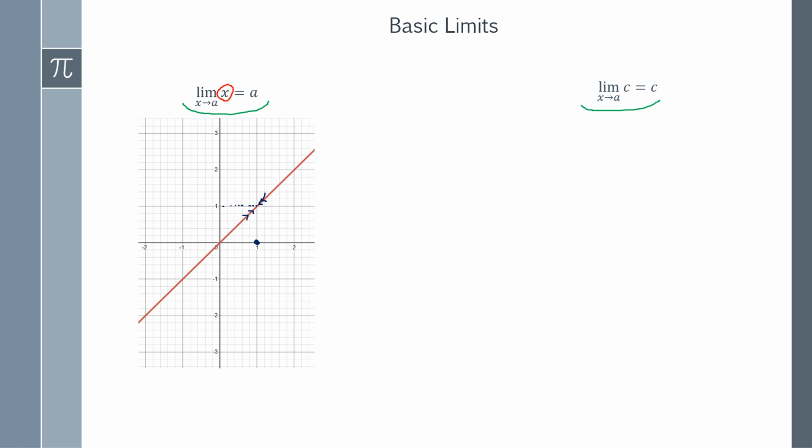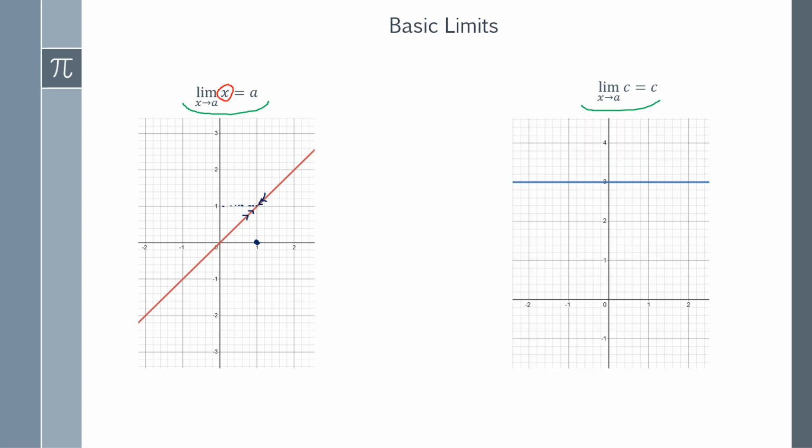All right, let's take a look at the second limit. Here, c is some fixed constant. Okay, what is that going to look like? It's just going to be a straight line that's a horizontal line. So in my case, I picked c to be 3. Okay, and it makes sense that if I fix my a, so let's say a in this case is 2, okay, and if I'm approaching 2 from either direction, it doesn't matter which direction I'm coming from, or it doesn't even matter what a is, the limit will always be that number.